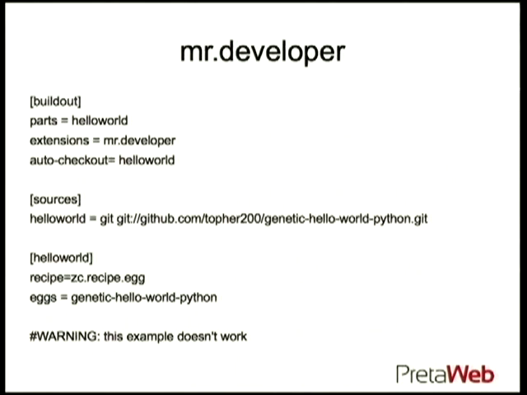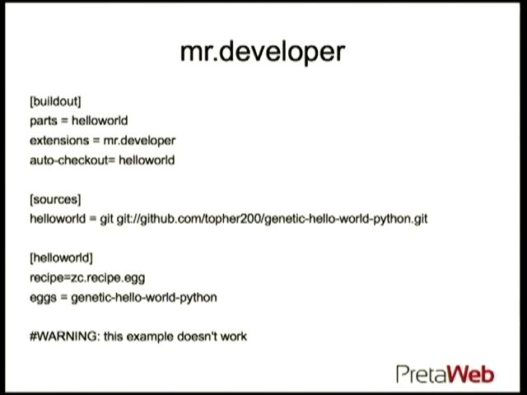Here's something that we use a lot. It's what's called an extension, so it's slightly different from a recipe. And mr.developer is this cool thing that lets you check things out. So you define a sources section, and you can have all these different definitions of all these projects. It can be SVN, it can be Mercurial.